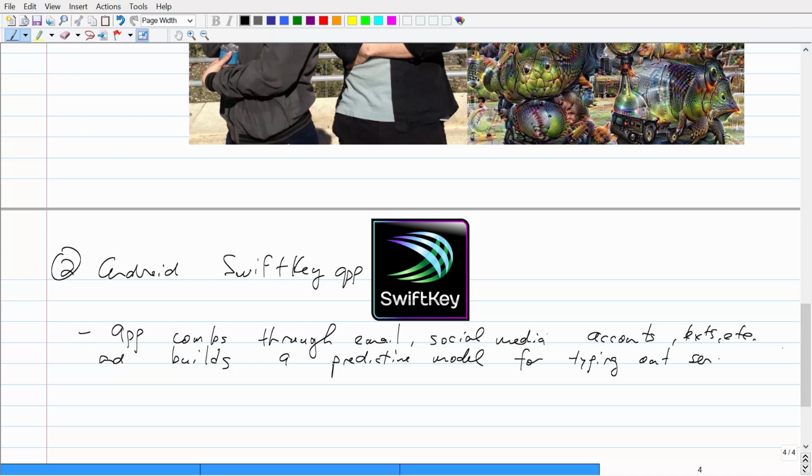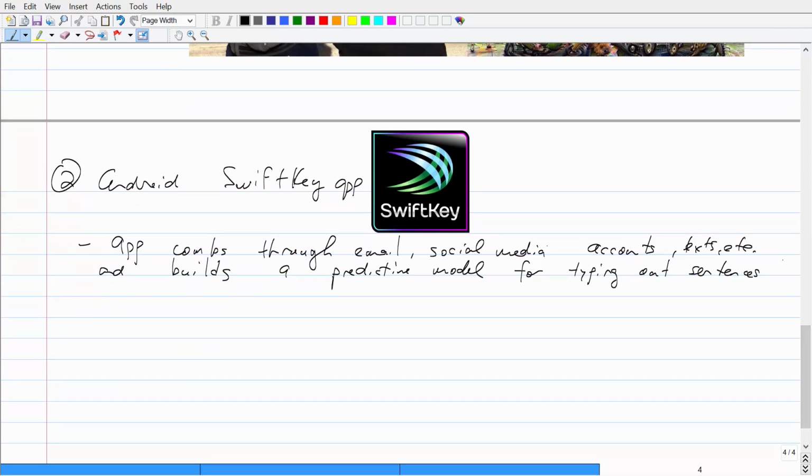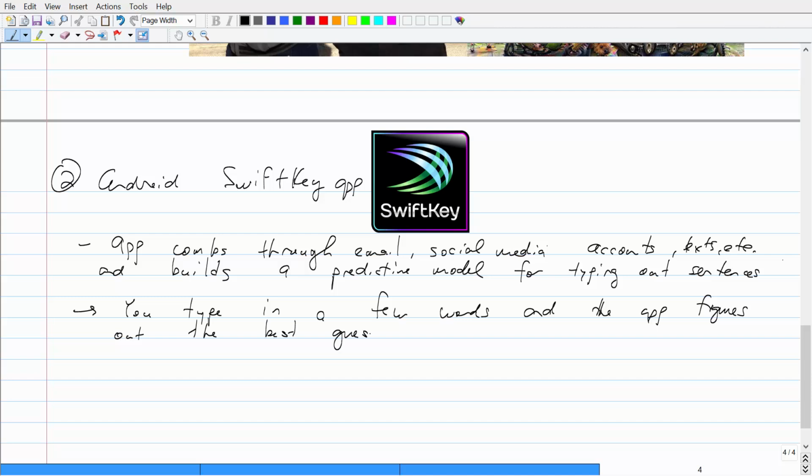Then all you have to do is type out a couple of words, and it'll suggest completed sentences for you to type in. It actually saves a lot of time. So you type in a few words, and the app figures out the best guess to complete the sentence.